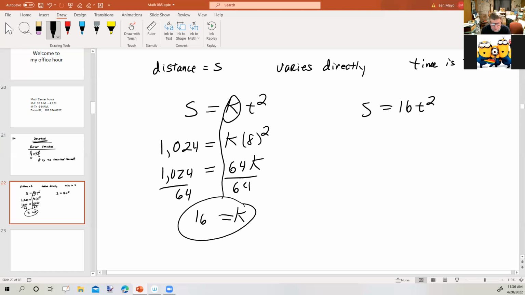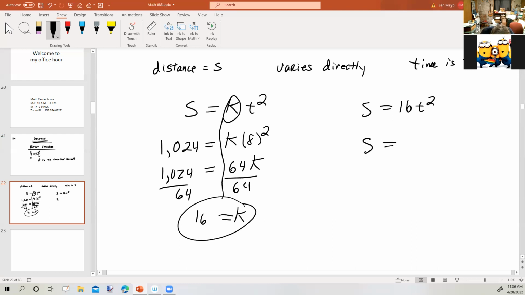So we read the problem, we write the formula according to the problem and the variables they mention, if they do. We then plug in the numbers to solve for K. We then put the number in for K and go on to the follow-up question. It says, how far will it fall in 10 seconds?